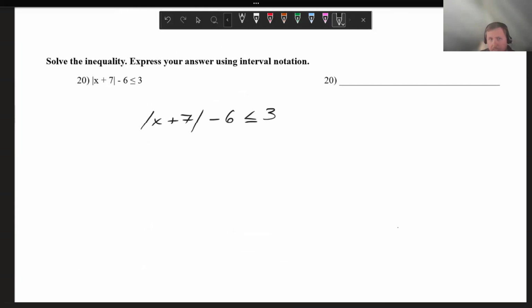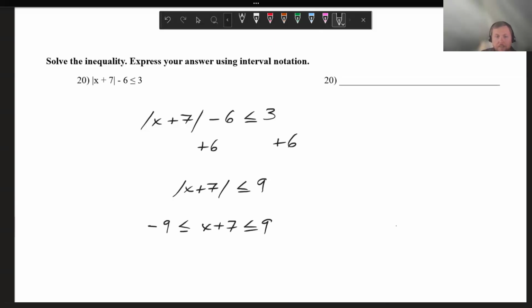So I still want to get the inequality by itself. Now I have the absolute value of x plus 7 is less than or equal to 9. Since it's a less than or equal to, I can rewrite this as negative 9 is less than or equal to x plus 7 is less than or equal to 9.